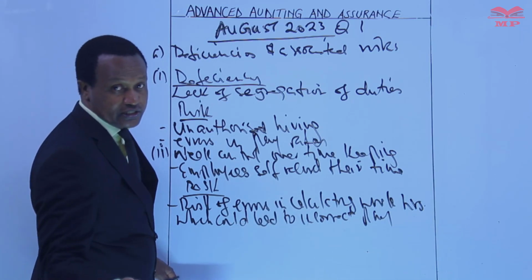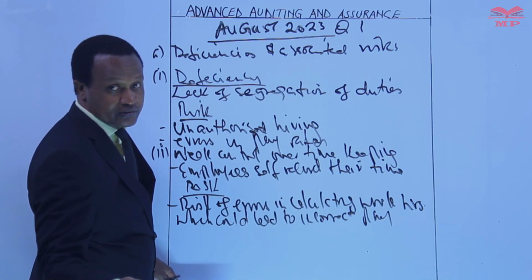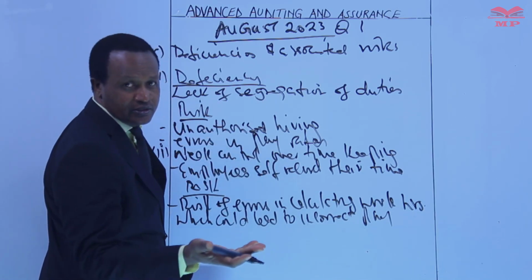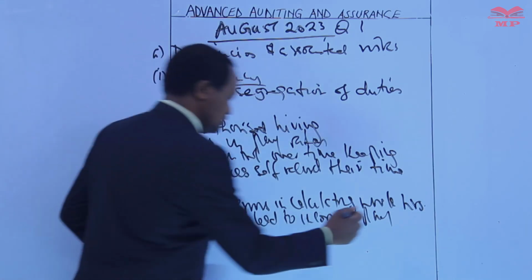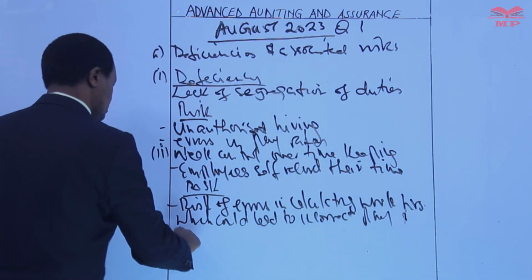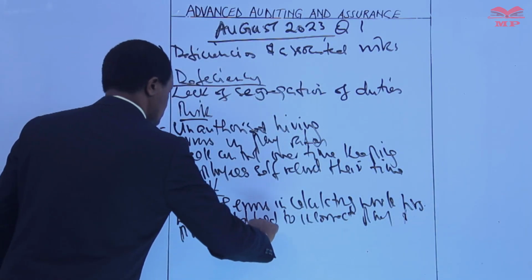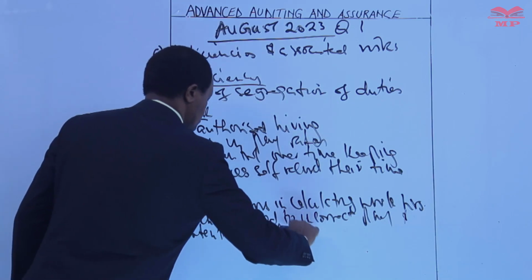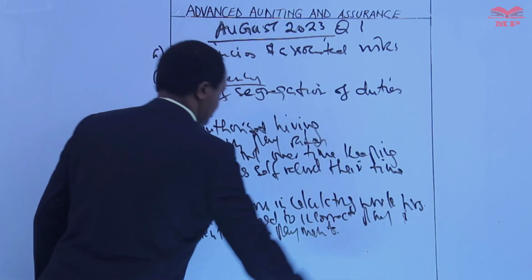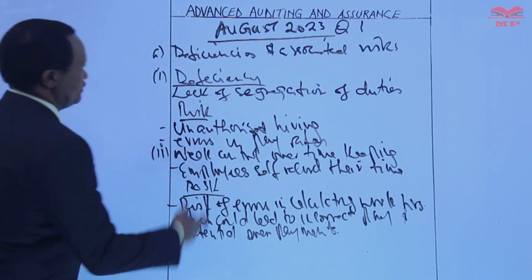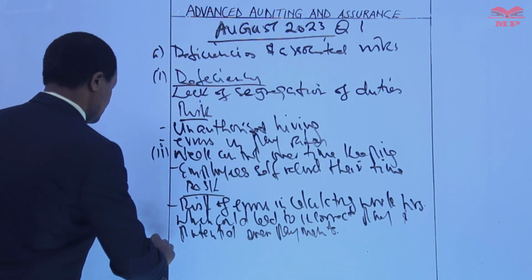That is the risk. Which could also lead to overpayments. Okay, let me write that. And potential overpayments. That is the second deficiency and associated risk.